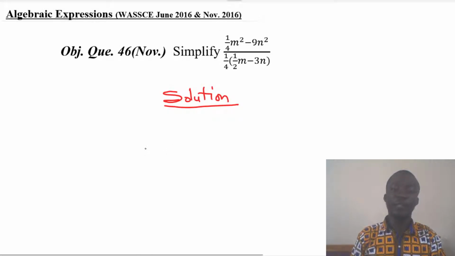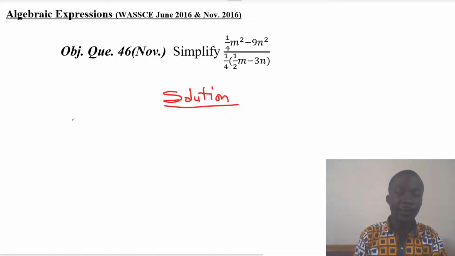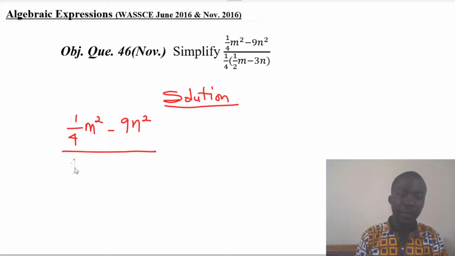In objective question 46, November, we are to simplify the expression 1 out of 4 m squared minus 9n squared divided by 1 out of 4 into bracket 1 out of 2m minus 3n.